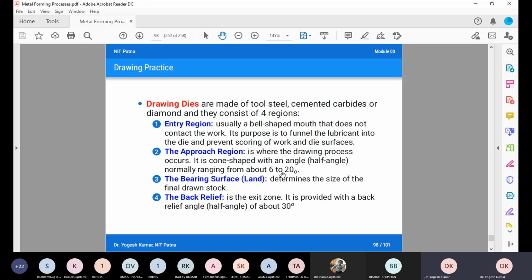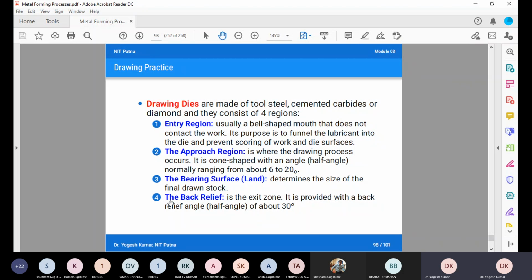This bearing surface is the important region which determines the final size of your wire or bar. Normally this bearing surface is straight. I will show it in the next diagram for better clarity.